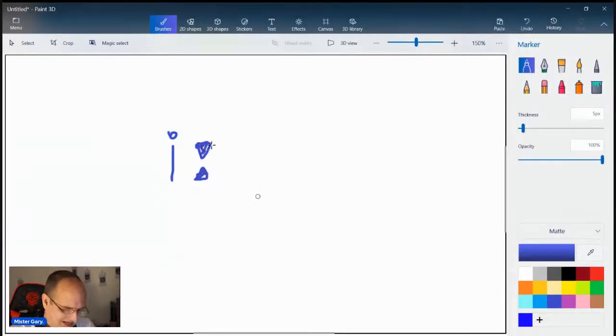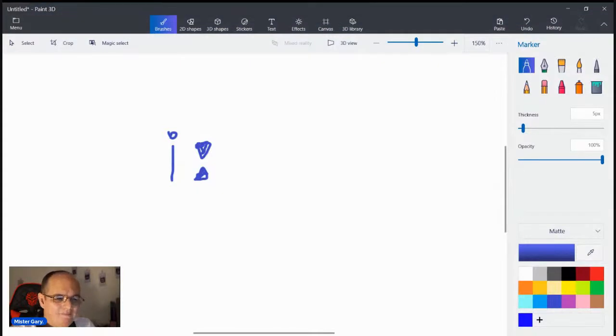And the answer is E. Sorry, the answer is E for this one. Remember that first sound that we looked at? Seat. Green.